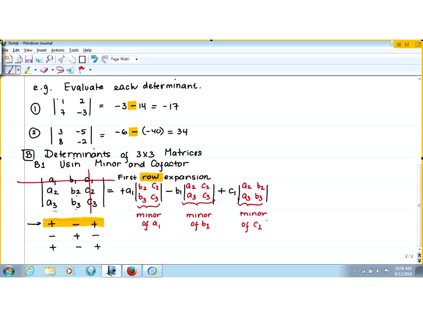So that determinant part is called the minor. The determinant after you eliminate the row and the column is called the minor. It's not this hard because we have numbers. This is a generalization, that's why we have A, B, and C. But practically, we actually have numbers.